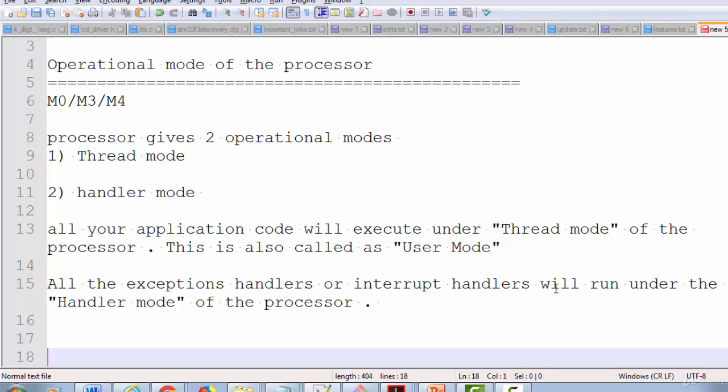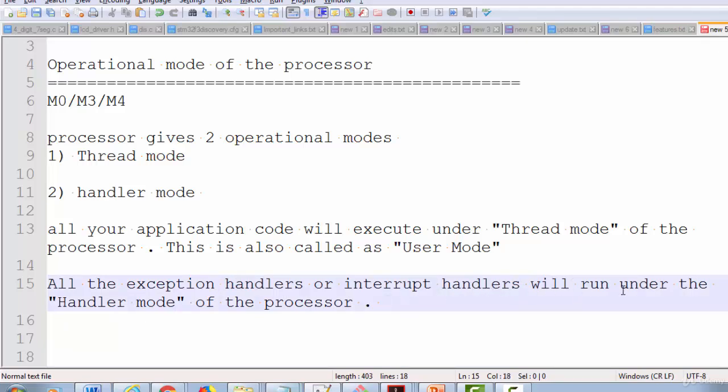So all the exception handlers or interrupt handlers will run under the handler mode of the processor. That means physically the core of the processor will give you two modes: one is thread mode and another one is handler mode.